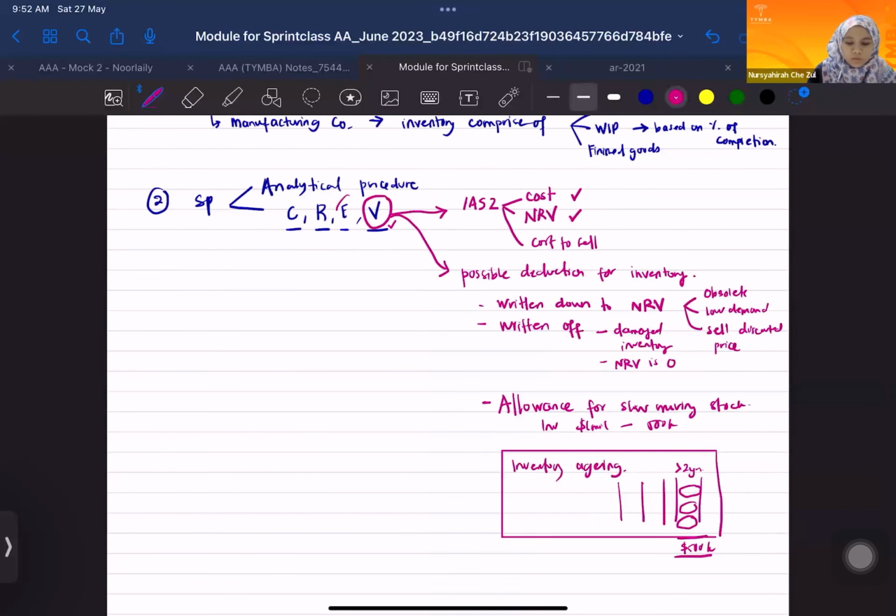Of course, if you want to look into existence, you are going to physically inspect. Rights: I want to make you aware of this. There is one term in inventory called consignment inventory. Consignment inventory does not belong to the company. Imagine Tesco, Lotus.